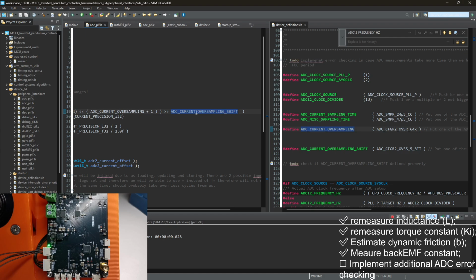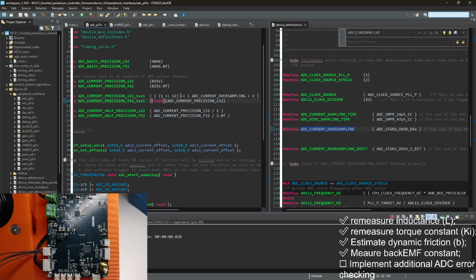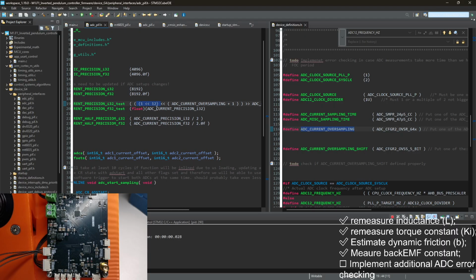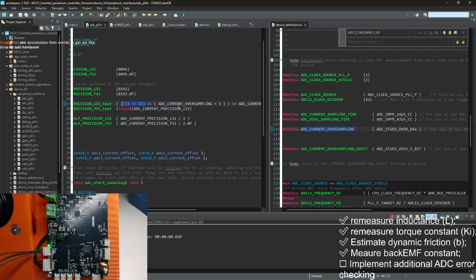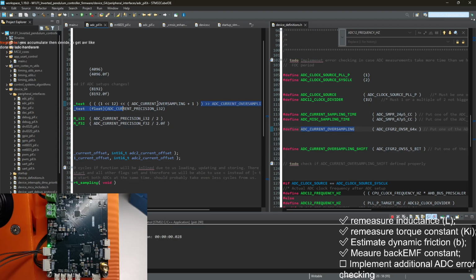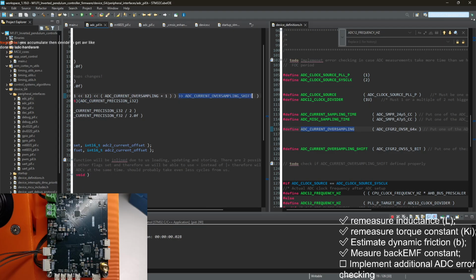So we left shift by 6. And then we say we would like to right shift by 5 so that we reduce 5 bits of noise. And this is exactly what's happening here. So you have your default ADC precision, your oversampling, and then your oversampling reduction, the thing that happens after you have already accumulated all the samples.